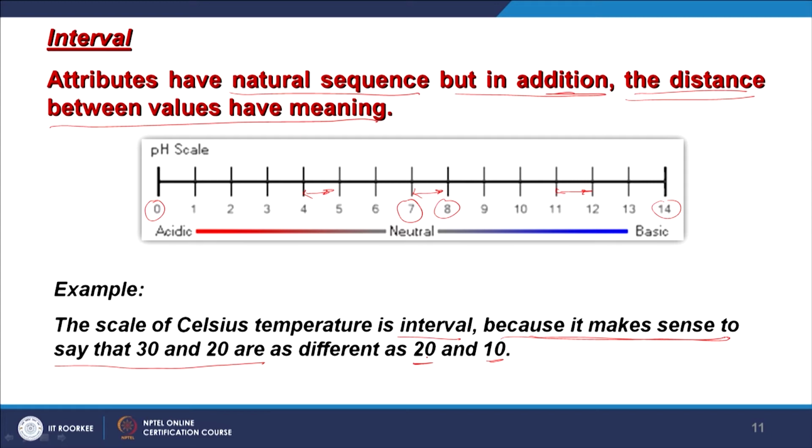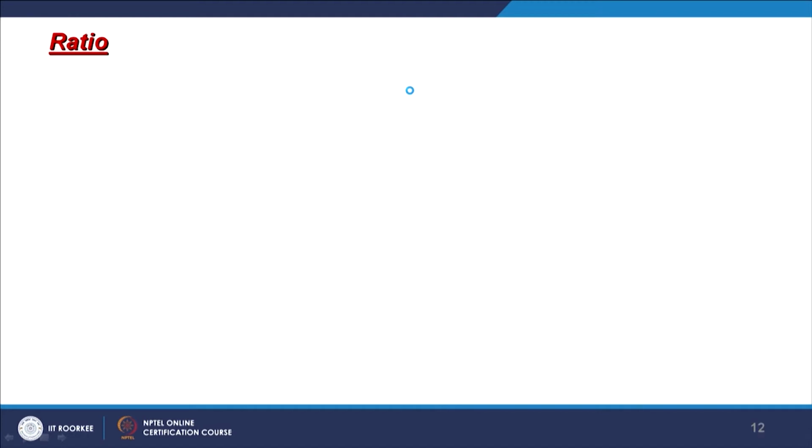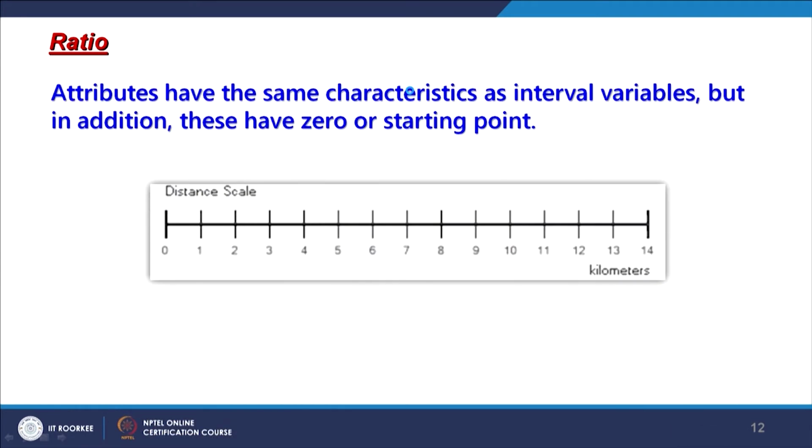That means some meaning is coming out, and of course natural sequence is definitely there. Now the fourth type of attribute, which is ratio. As you know, ratio attributes have some characteristics as interval variables, a little higher in hierarchy.